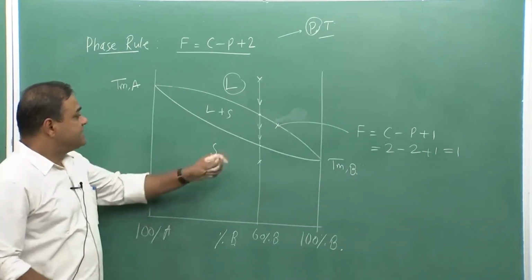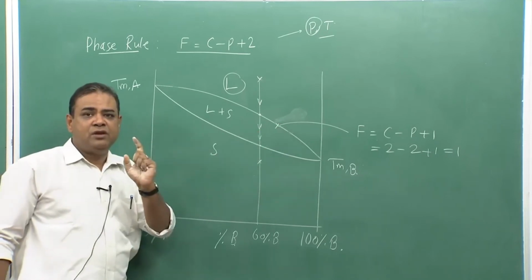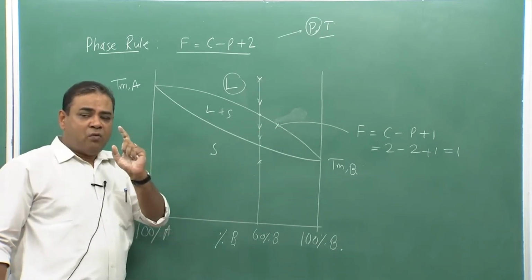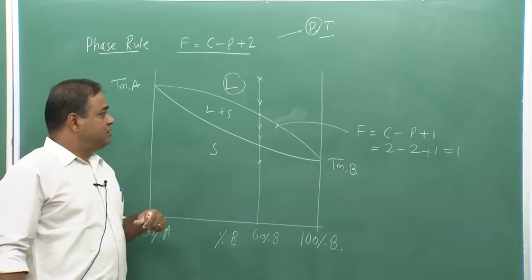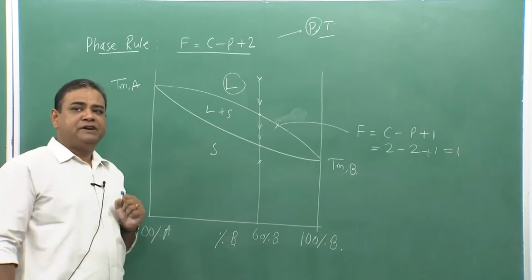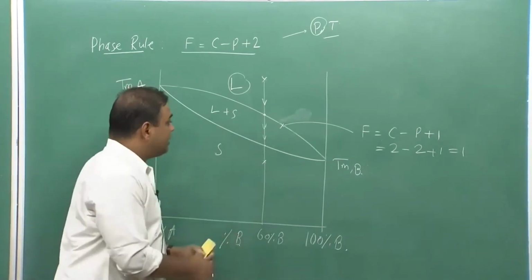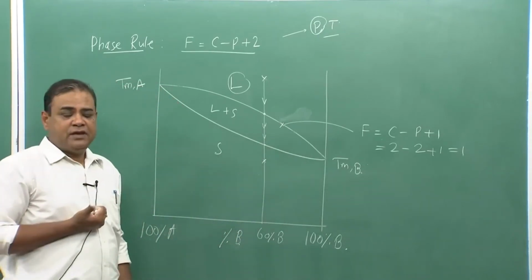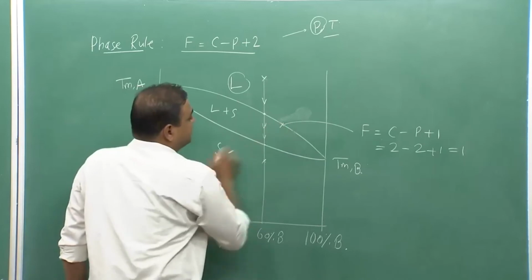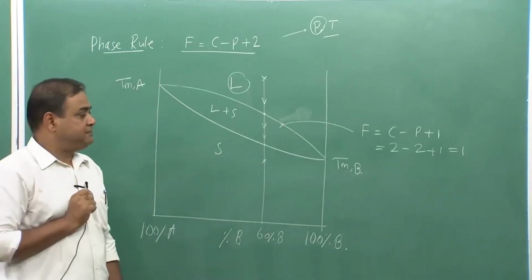It means that in order to define this point, I need one independent variable. If I fix that independent variable, I can fix the second variable immediately, okay? Because if I fix this point, the composition is also getting fixed.